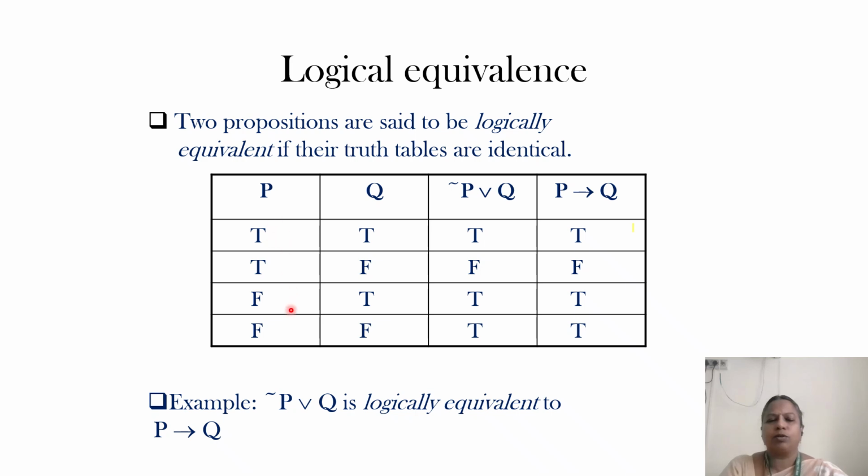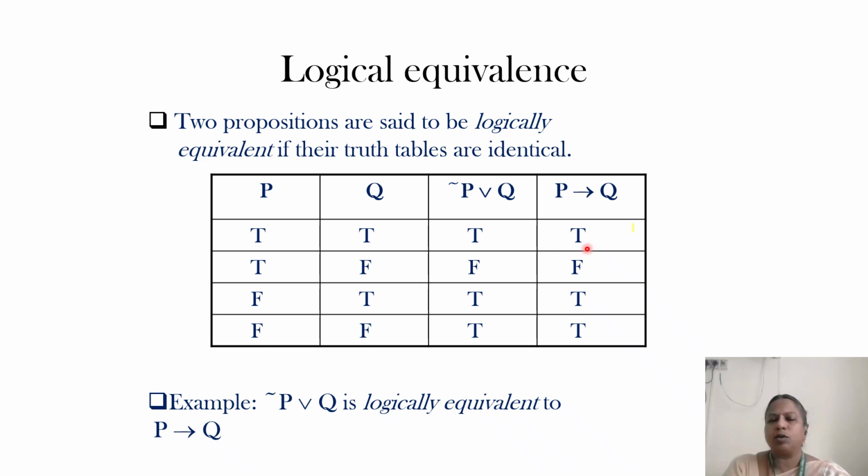When we go for the truth table technique, we have P and Q given. When we write negation P or Q, the truth values are true, false, true, true. Likewise, by the definition of the conditional statement, P conditional Q is false only if P is true and Q is false.